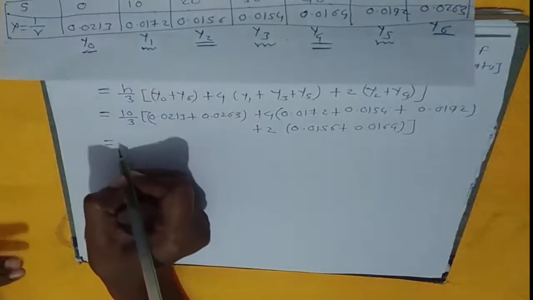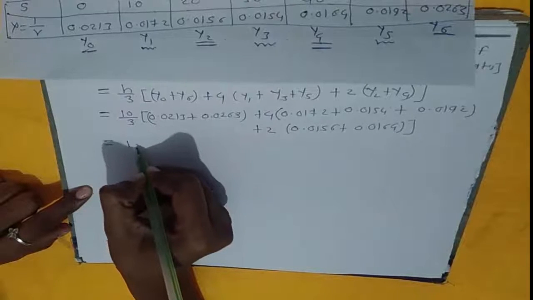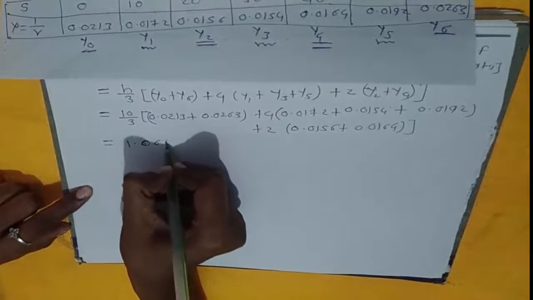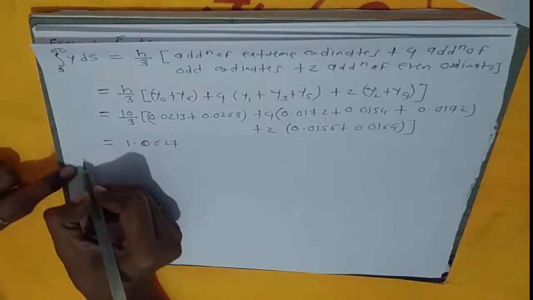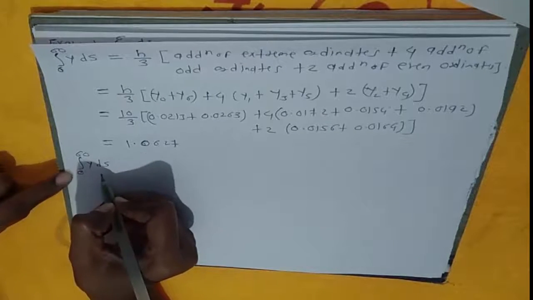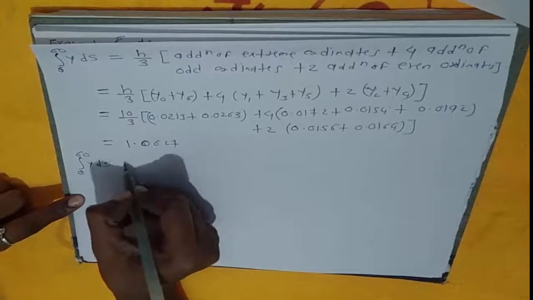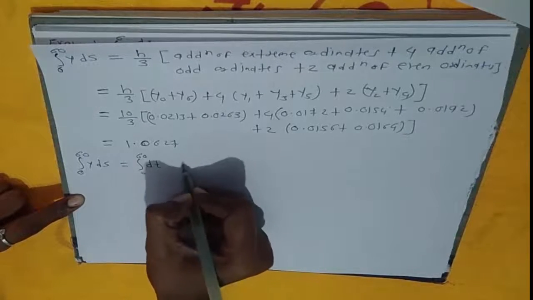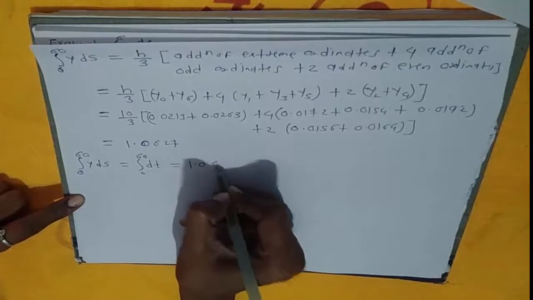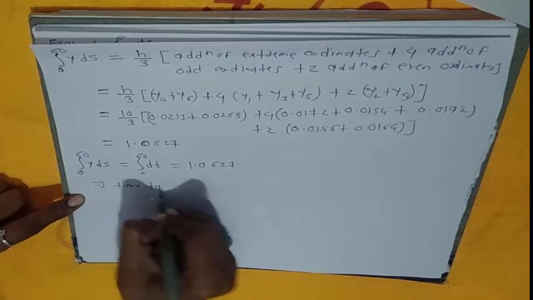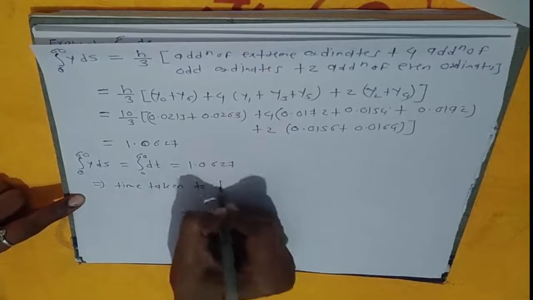After this calculation, the value of the integral from 0 to 60 comes out to be 1.0627.